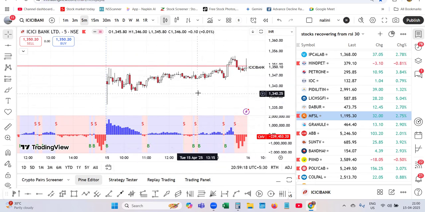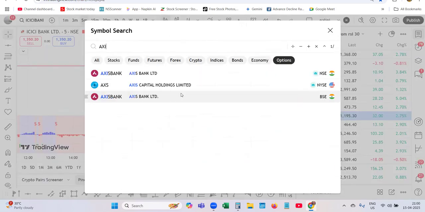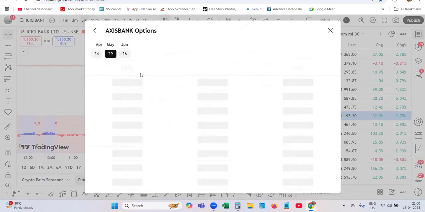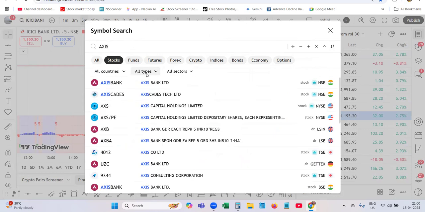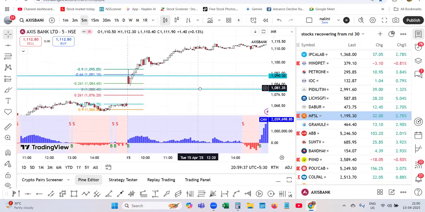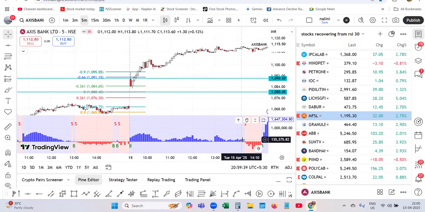You can see on your own. Let me apply it to Axis Bank. This volume will help you very much. If you are in doubt, you can put this indicator and cross-check with that. See, from the beginning itself, it was a positive volume. That's why the momentum was there.